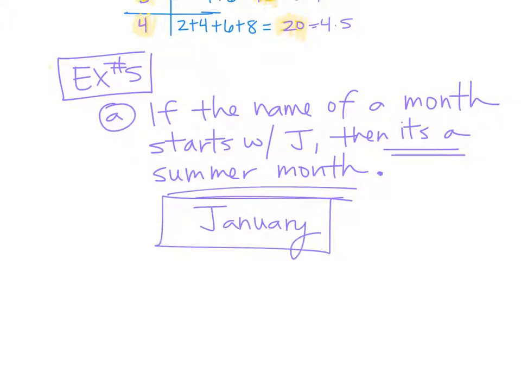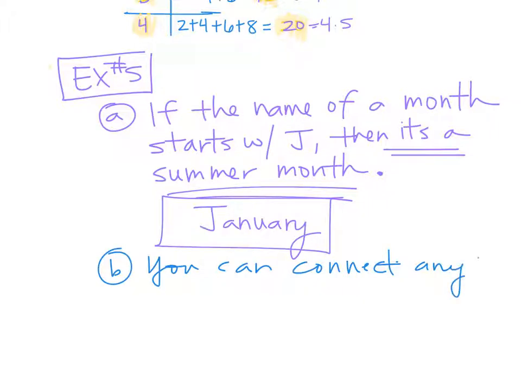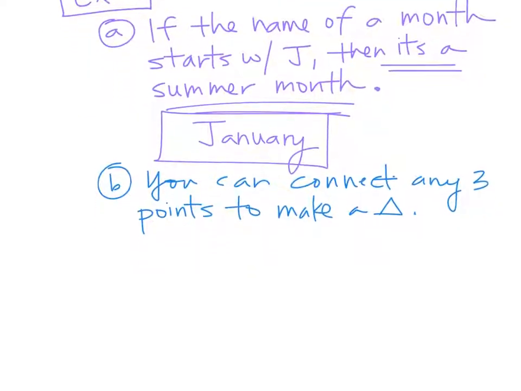How about this one? You can connect any 3 points to make a triangle. Can you give me a counterexample to that?